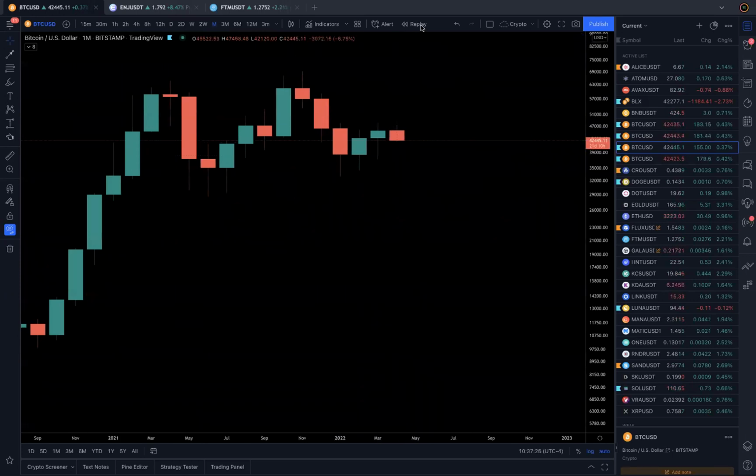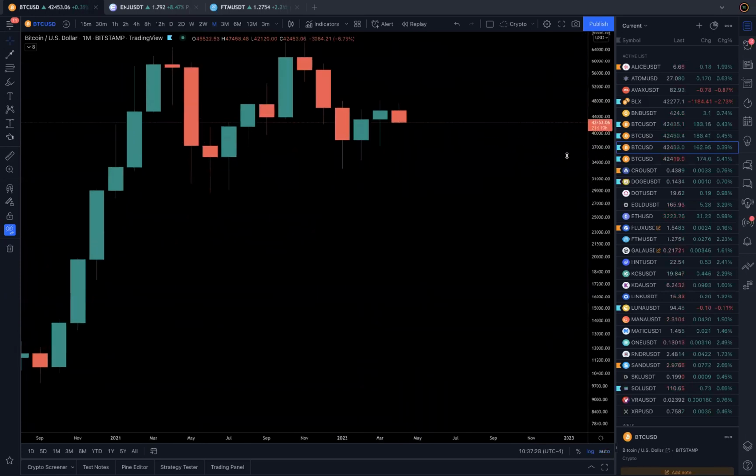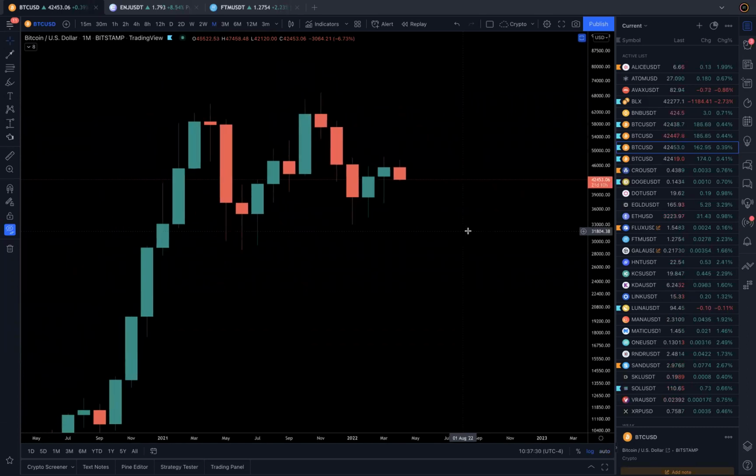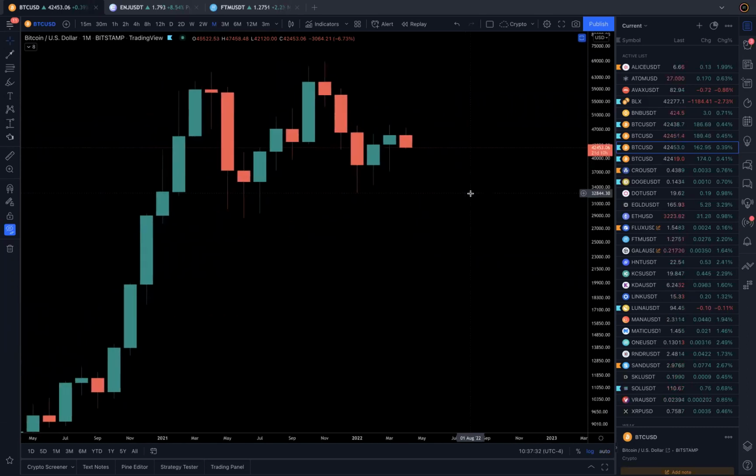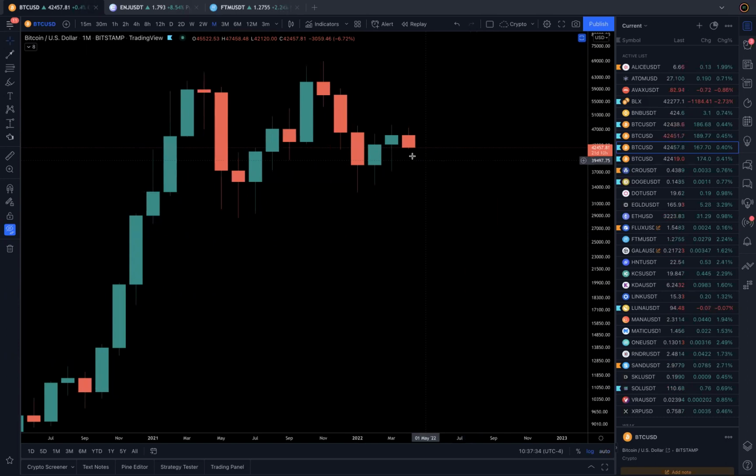That's why we don't need any other drawing. So on monthly, what do I see here? This is high, low, high, low, and this is high, and this candle is kind of similar to this candle.